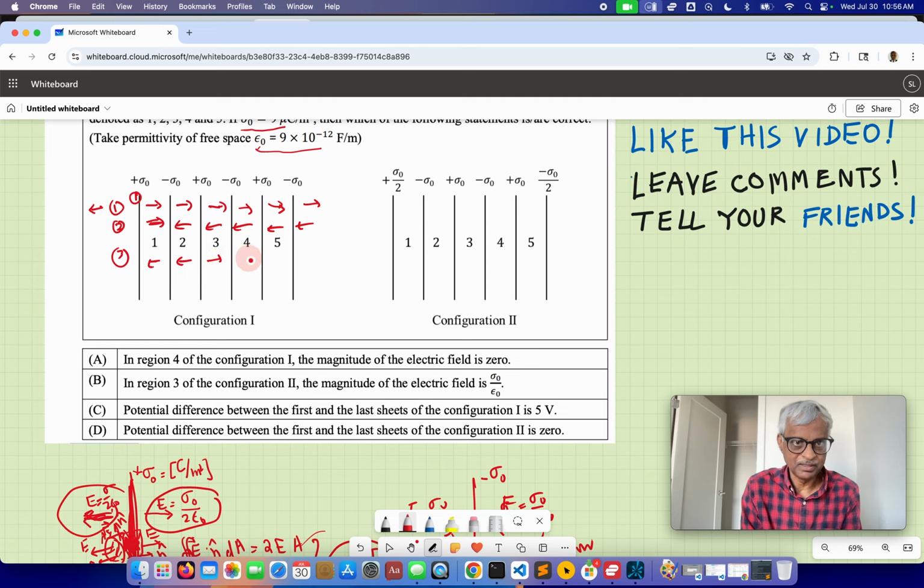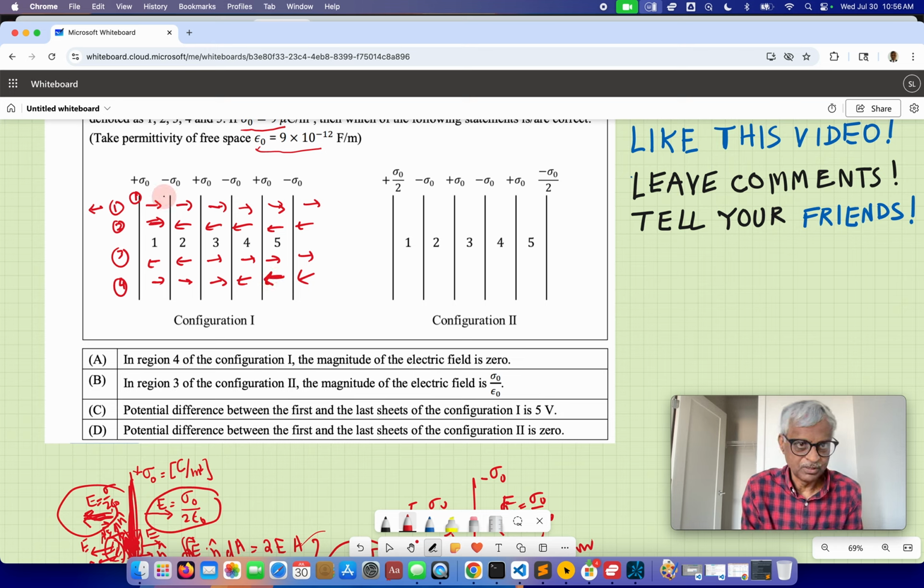And then plate 4 is negative, so all towards it, towards 4.